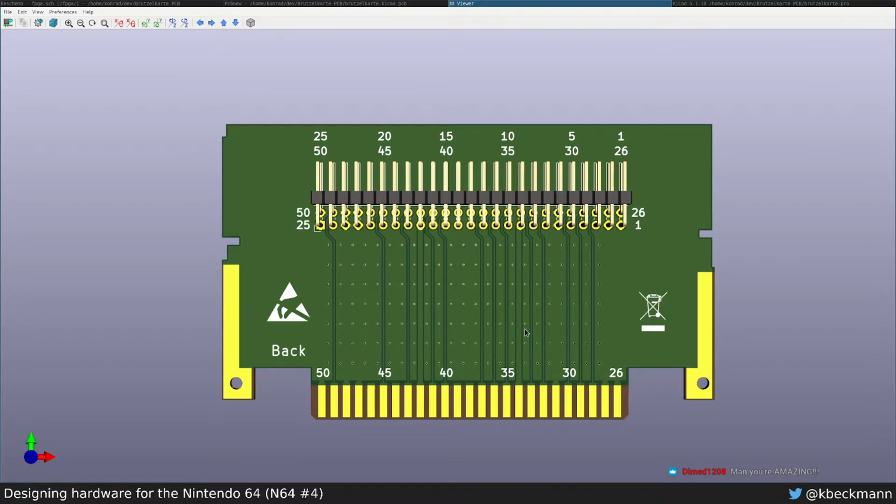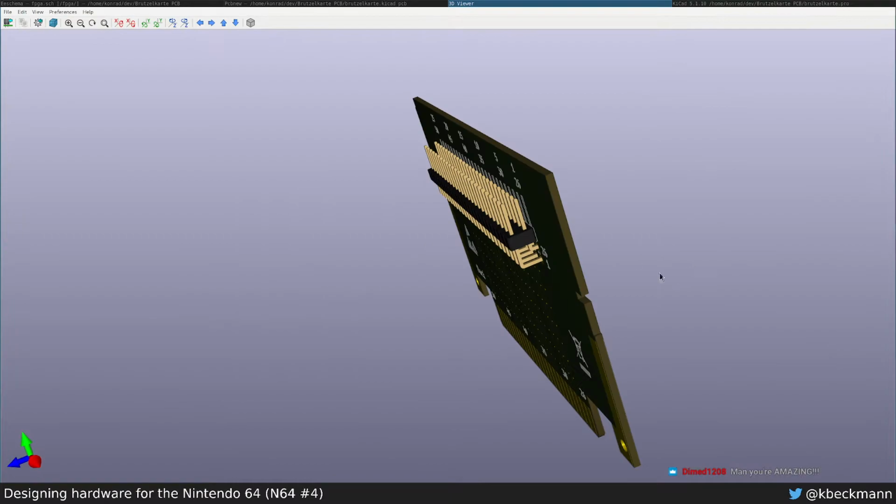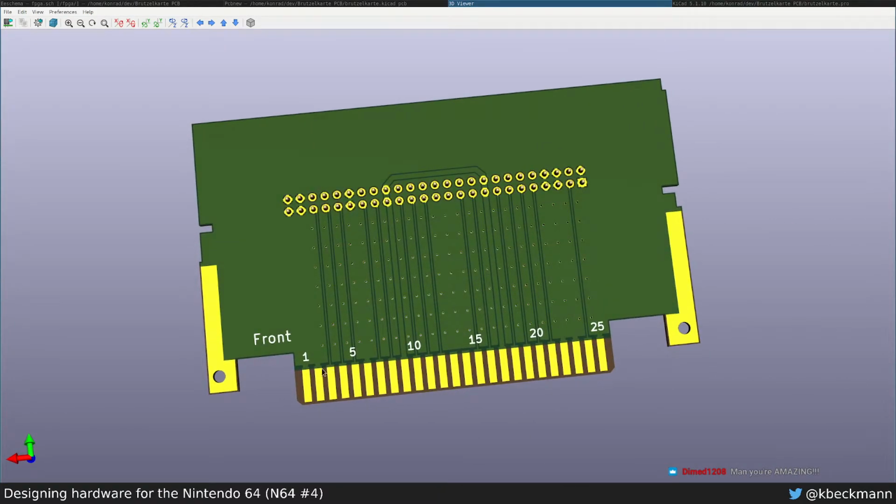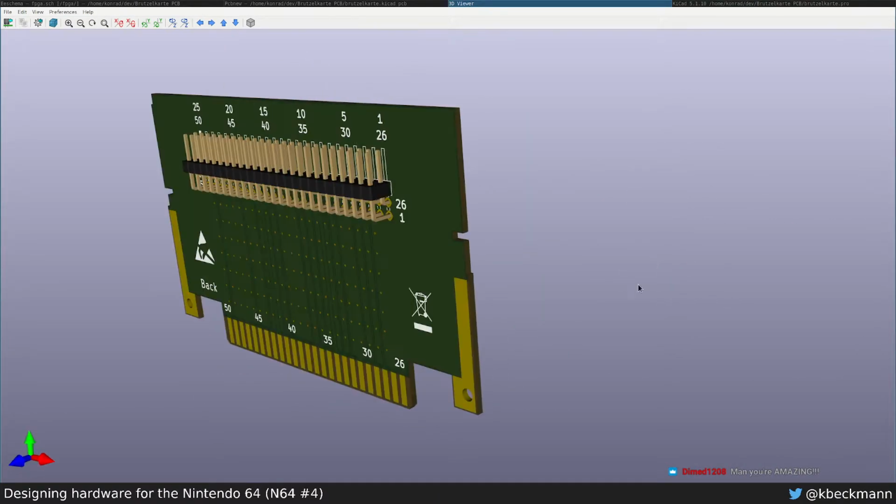I just felt like I'm not gonna be able to finish this and do something with it. So I will do that later. But in order to sort of get the flow going, I made this breakout board really quickly. So what it does is it just connects the cart up to the connector.